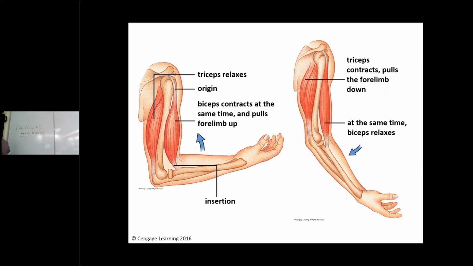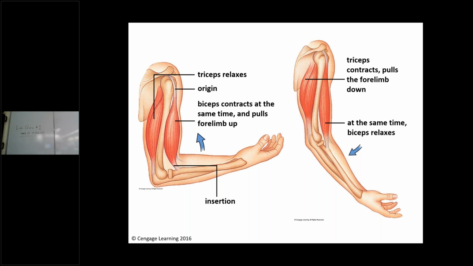As far as this next slide, you can see the antagonistic muscles, biceps brachii and triceps brachii. They both have opposite actions when they contract. So what are we seeing here? Look at biceps brachii.